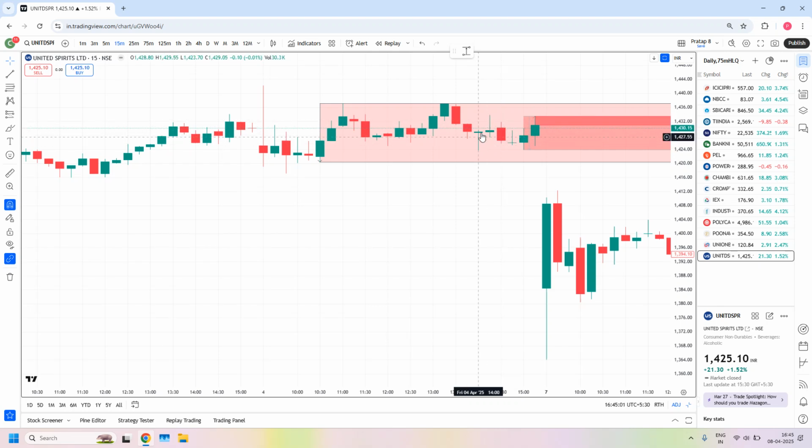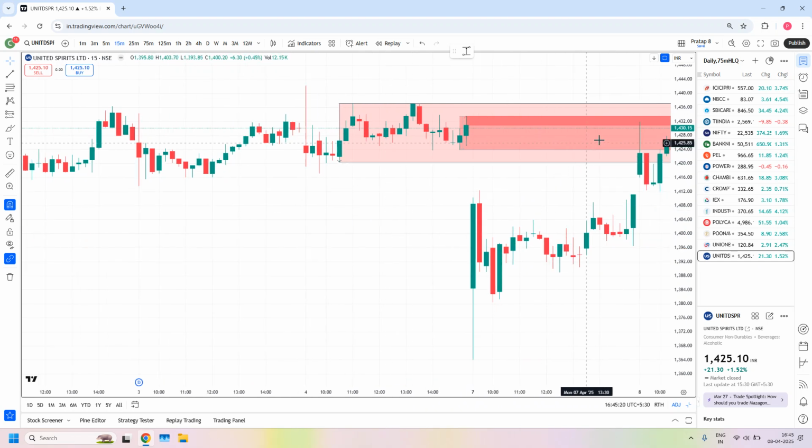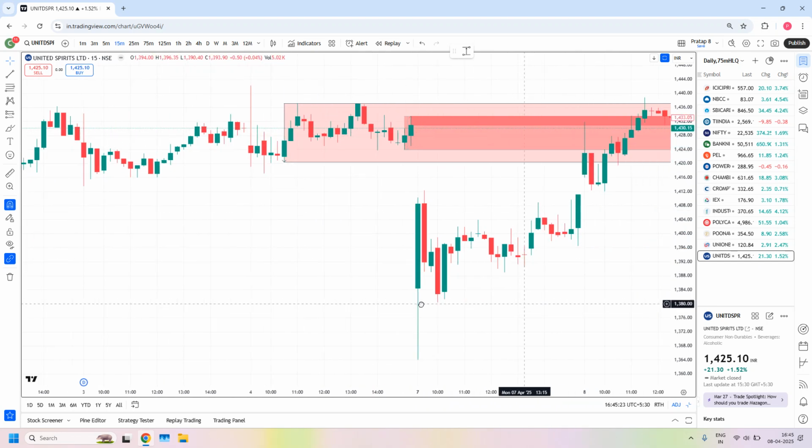This is a base candle. This is a base candle. This is a base candle. This is a base. You have 7 base candles. 1, 2, 3, 4, 5, 6, 7 base candles. Drop, 7 base candles and a drop. Maximum we accept 6. Maybe today it worked, but it won't happen every time.